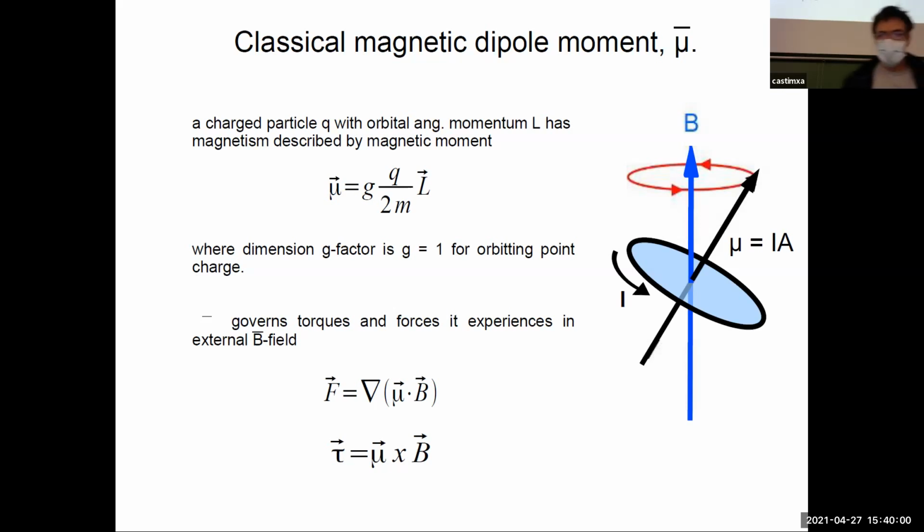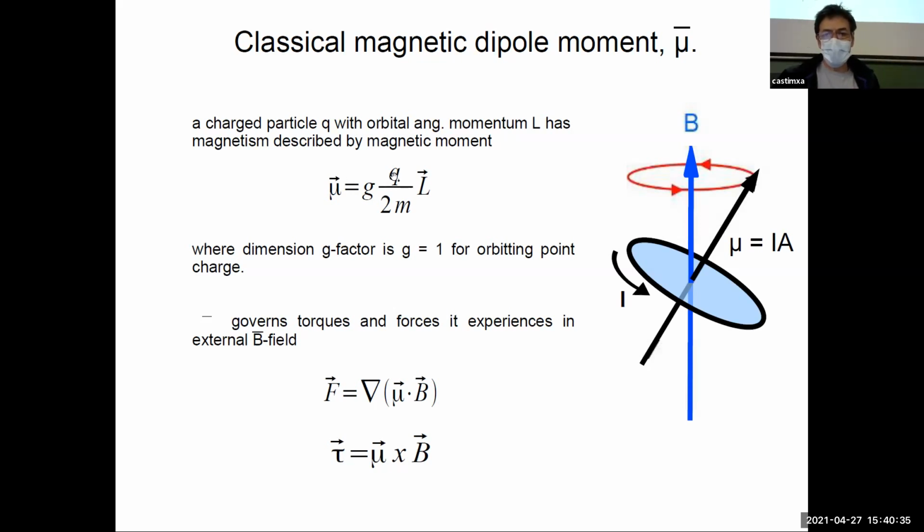On this slide, I think it's the only slide that has some equations on. Well, not quite, but this little equation here is the relationship between the orbital angular momentum of a particle executing a circular path and the corresponding magnetic moment that characterizes the dipole magnetism of that circling particle.